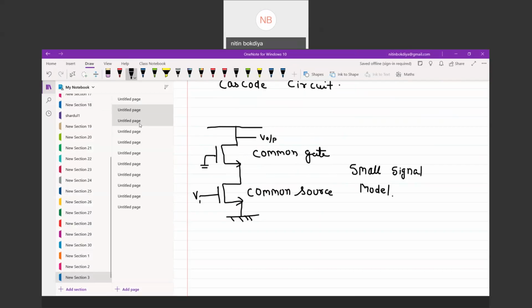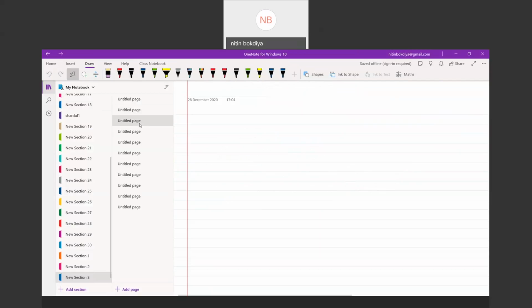Let's take a few examples based on this circuit. Let's solve some examples.